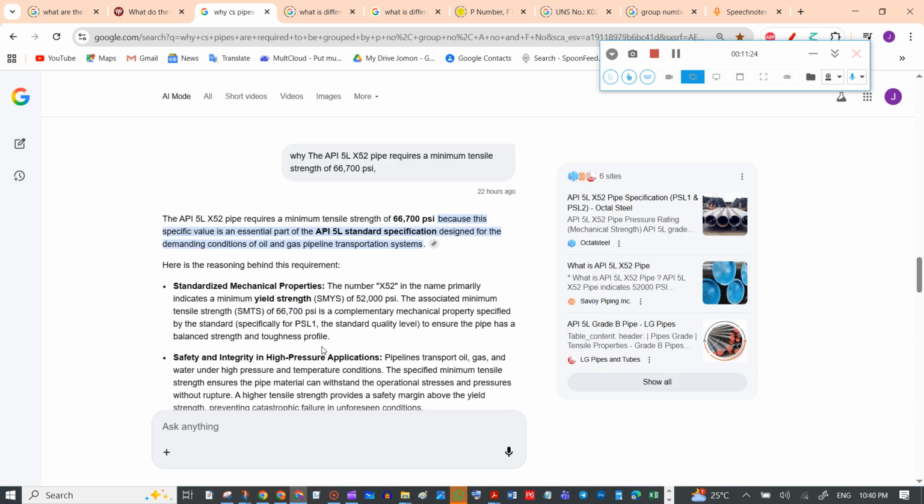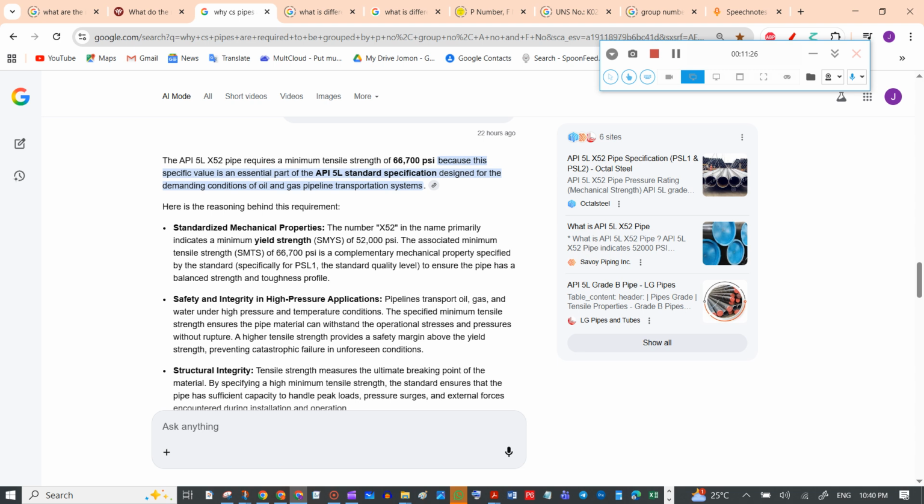So the reason is standardized mechanical properties. The number X52 indicates a minimum yield strength of 52,000 psi. The associated tensile strength of 66,700 psi is a complementary mechanical property specified for PSL 1, the standard product specification level, to ensure the pipe has a balanced strength and toughness profile.